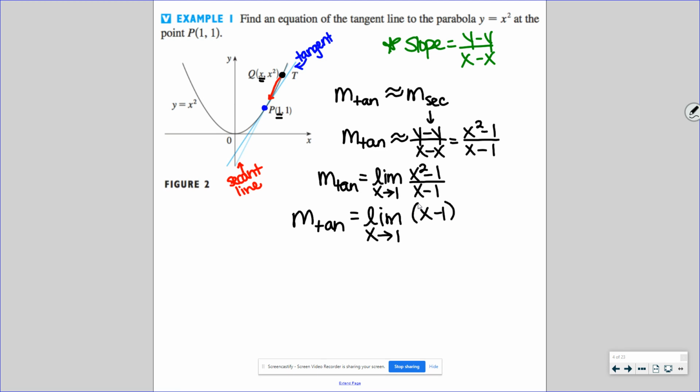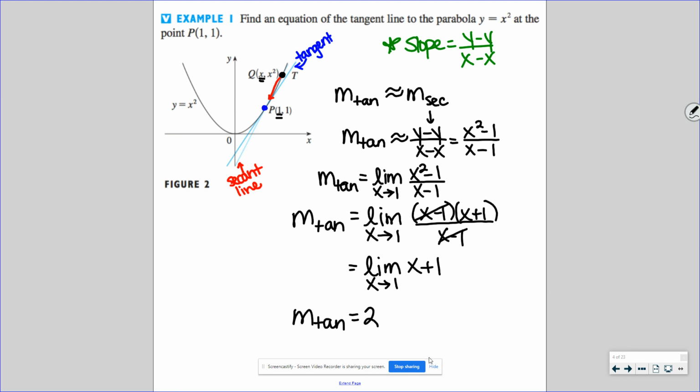So the top would factor down, and then the first binomial will cancel with the denominator, and that's going to give me the limit as x approaches 1 of x plus 1. And that's something we can just plug and chug now, and so we would get 2. And remember, 2 is representing the slope of that tangent line, okay?